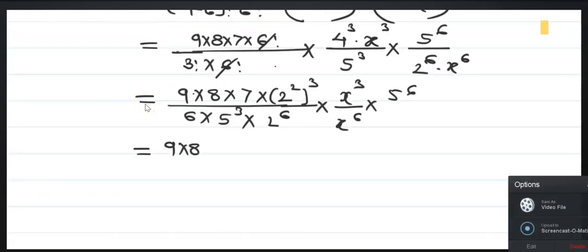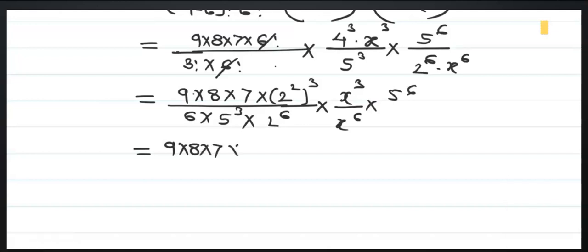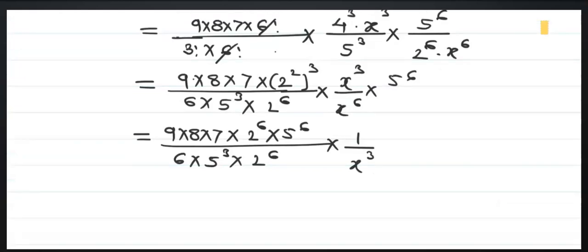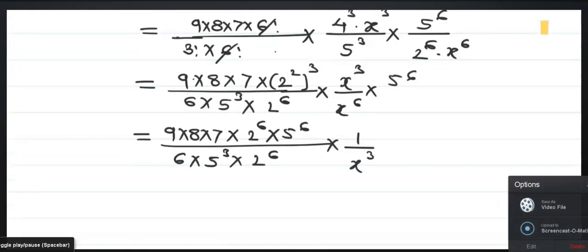Now here is a simplification: x cube upon x raised to 6, 5 raised to 6, and here 4 cube means what? 4 means 2 squared, cubed. You can perform these calculations on your own also.